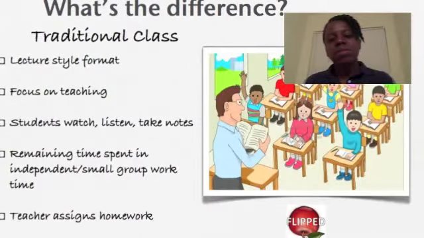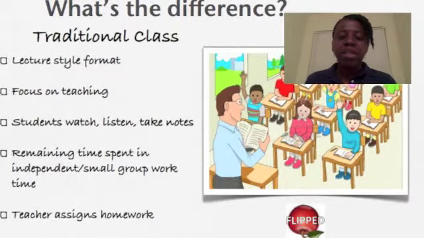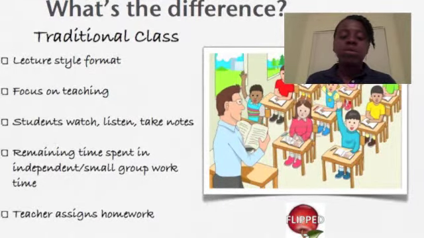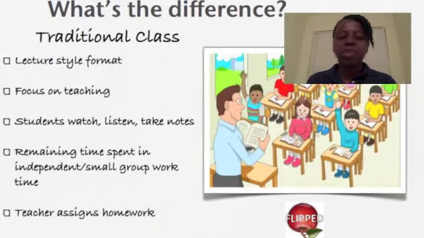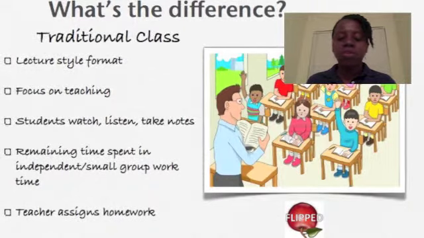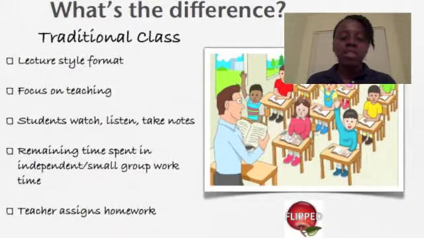Let's talk about some differences between the flipped class and the traditional class. In the traditional classroom, normally the teacher is at the front of the classroom teaching in some type of lecture or direct instruction format. Students are sitting at their desks and they're listening and watching the teacher.